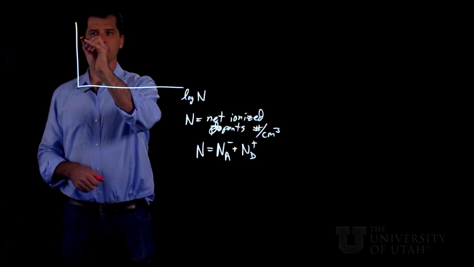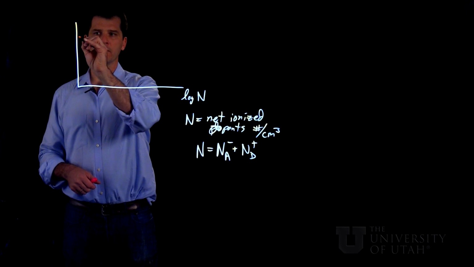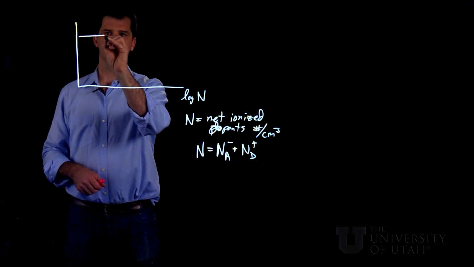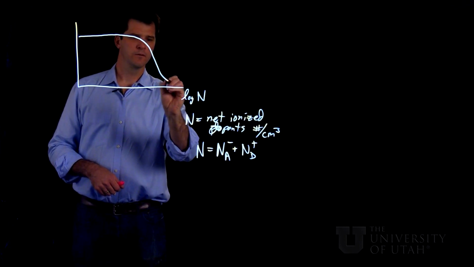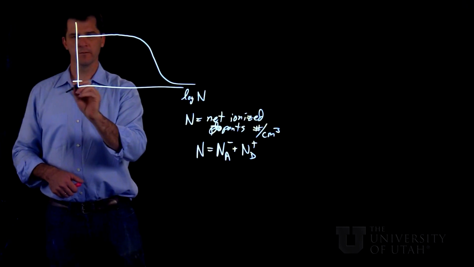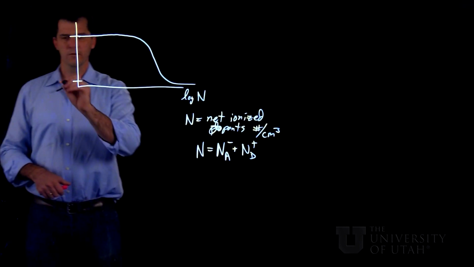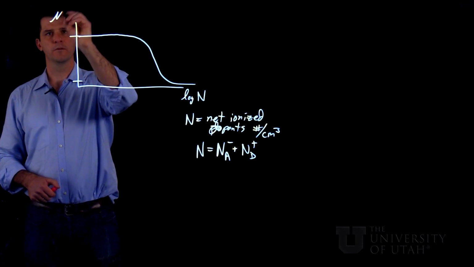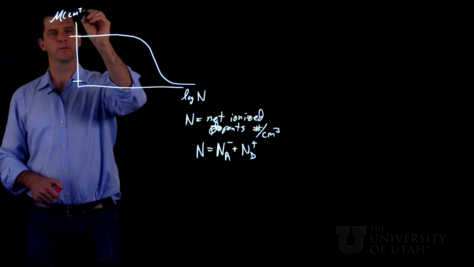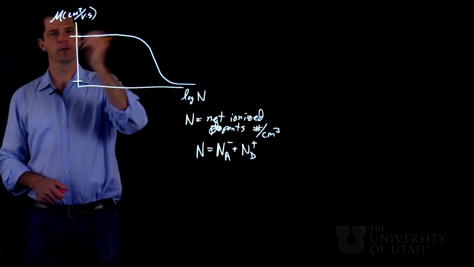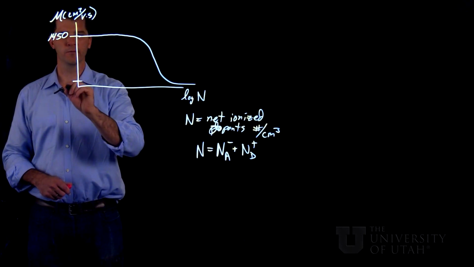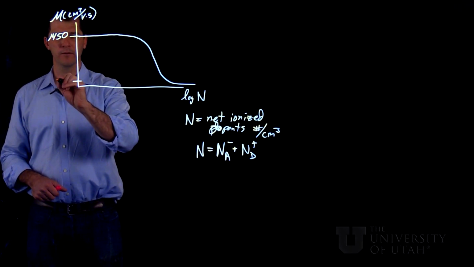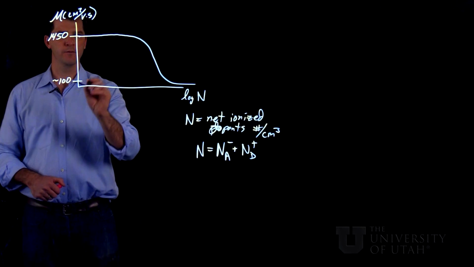So generally, in a semiconductor, for low doping, the mobility is rather constant. And then at high doping, it falls off to some low value. So for silicon, for example, this upper number is about 1450 in these units of centimeters squared per volt second, and the lower value might be around 100.